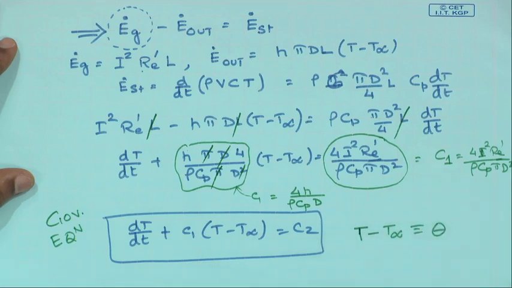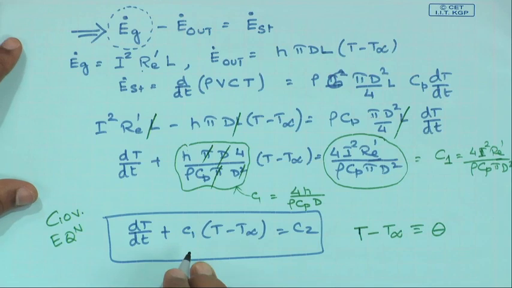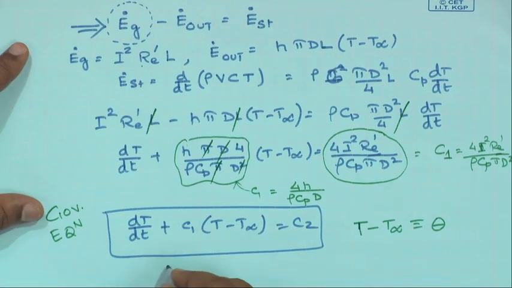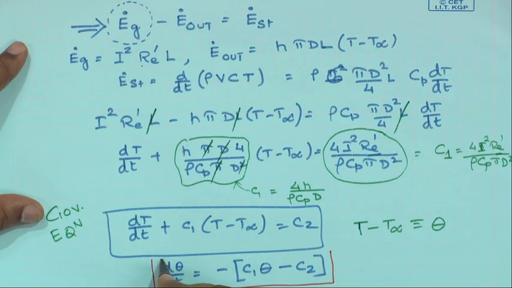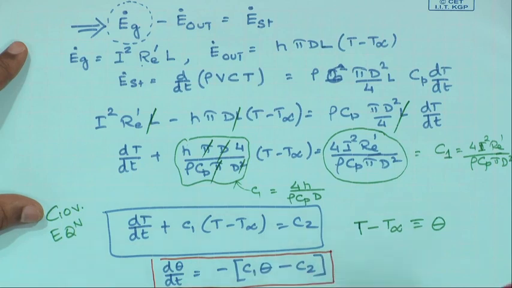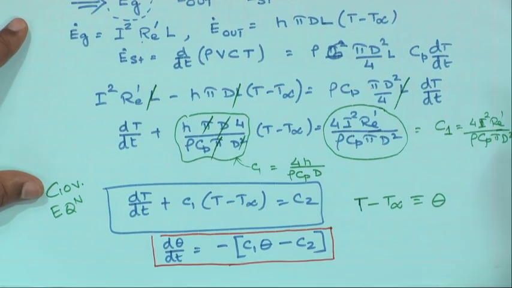I am just defining it in this way. So, my governing equation would become d theta by dt equal to minus C1 theta minus C2. So, this would be a more compact form of this same governing equation.